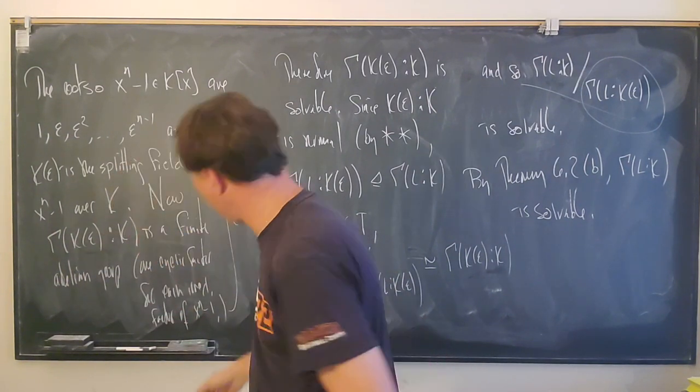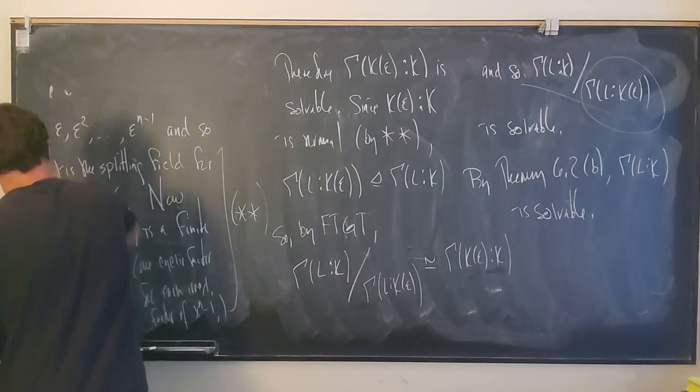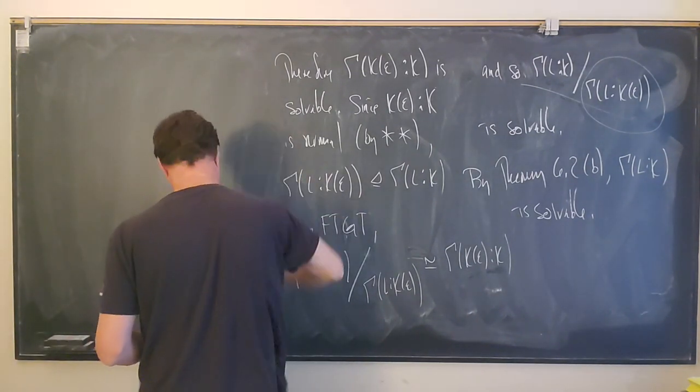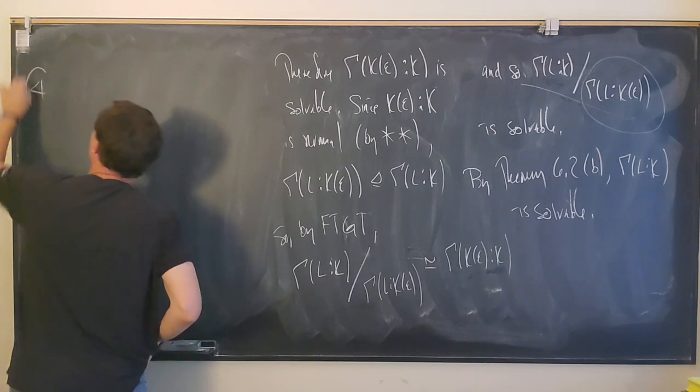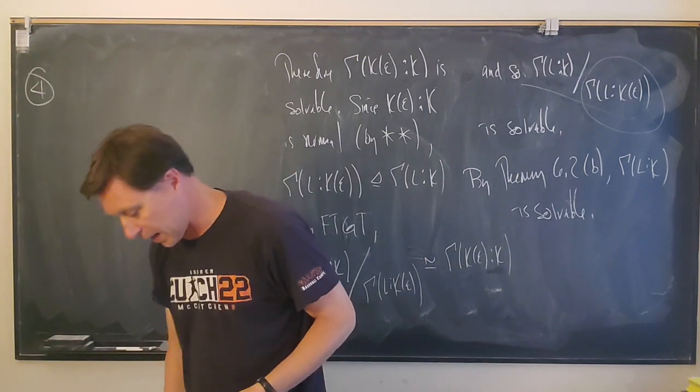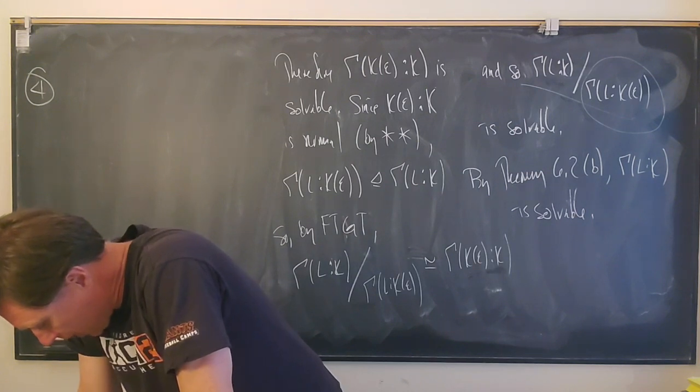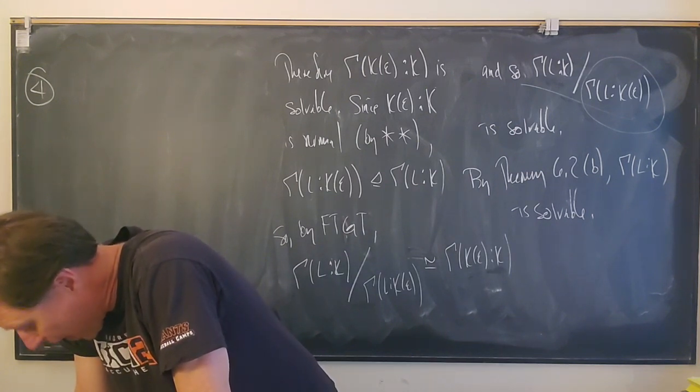All right, so now we're ready for the final step in the proof. Okay, so we showed gamma of L over K is solvable. Now we need to show that gamma of F is solvable.